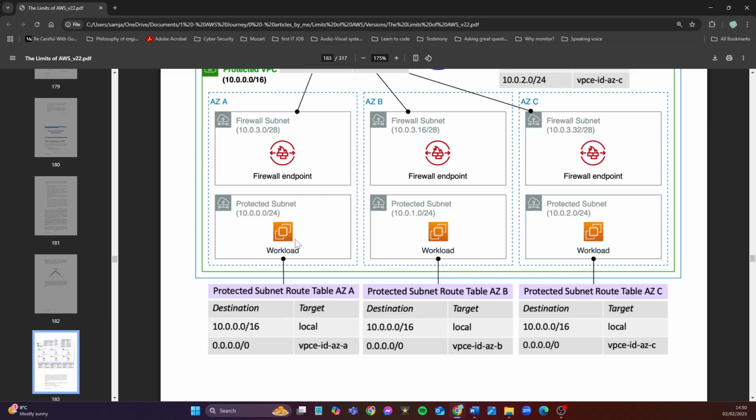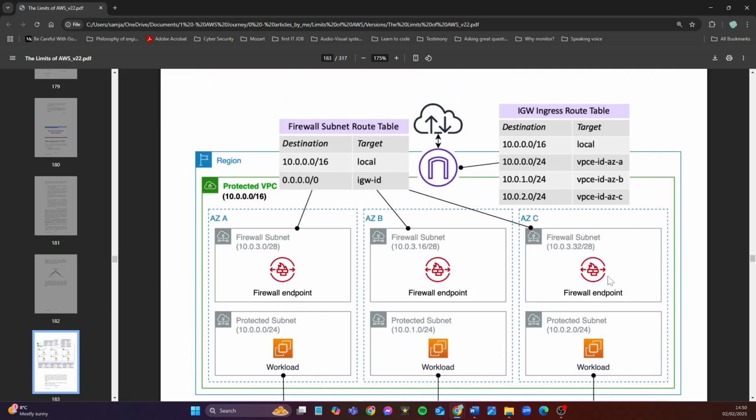If we look at the route table for the workload subnet, we've got a local route, a local entry, and a catch-all route, all zeros, for the VPC endpoint ID for that availability zone, for AZA. Here, VPC endpoint ID for AZB, VPC endpoint ID for AZC. We've got an internet gateway in the wall of the VPC.